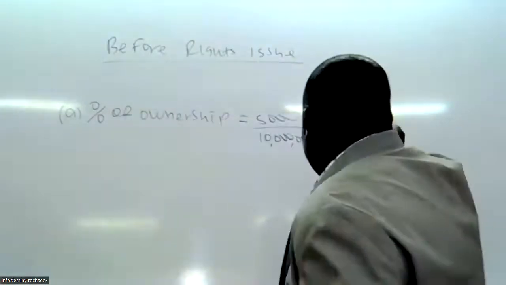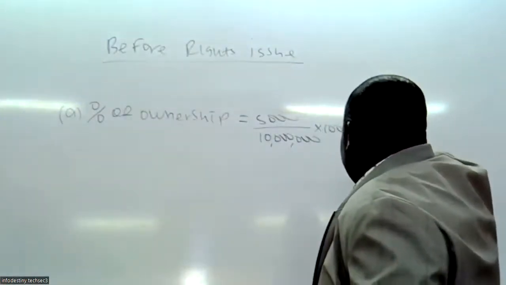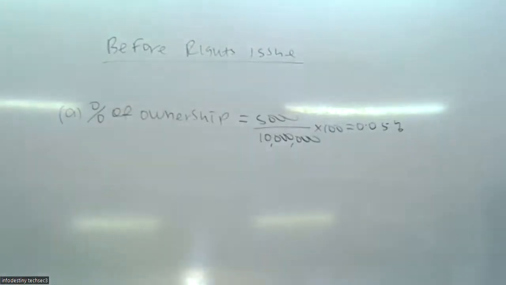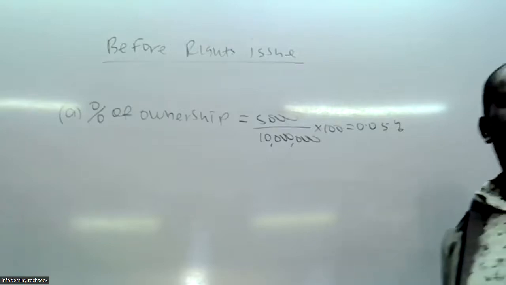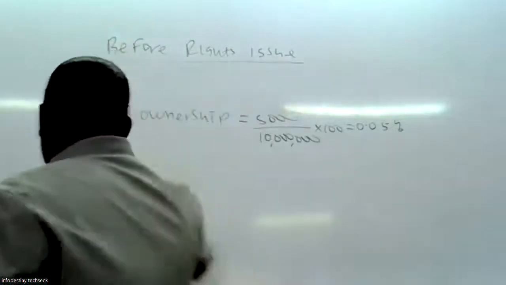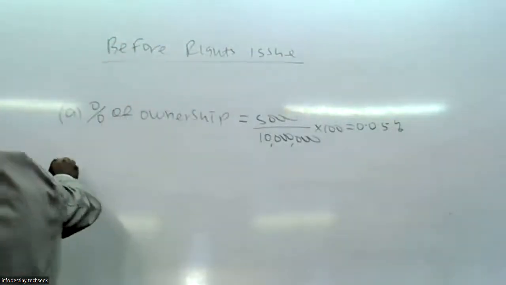It is 5,000 divided by 10 million, then multiplied by 100, which is 0.05%.